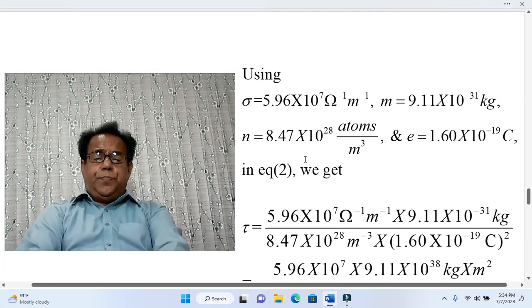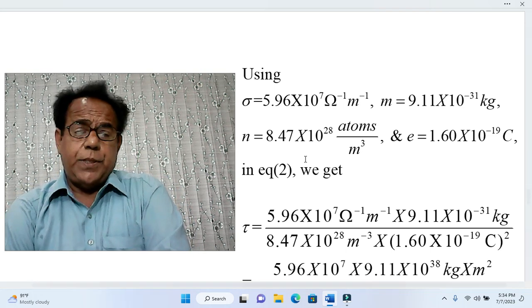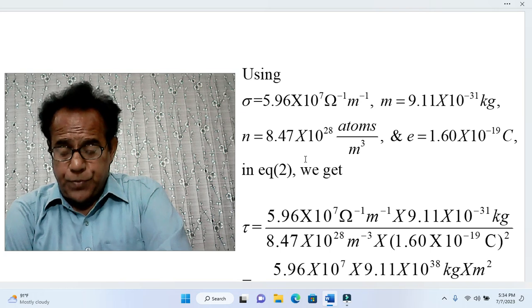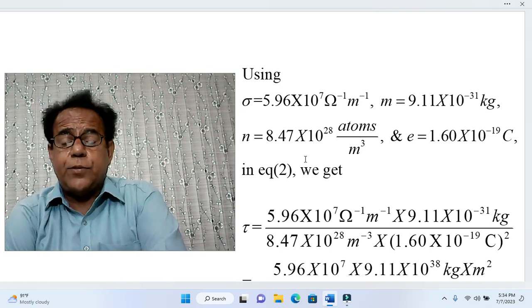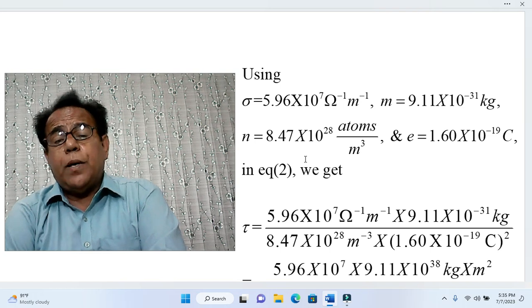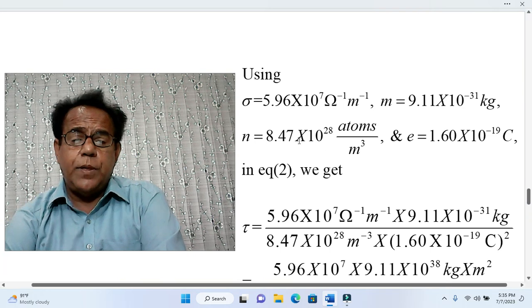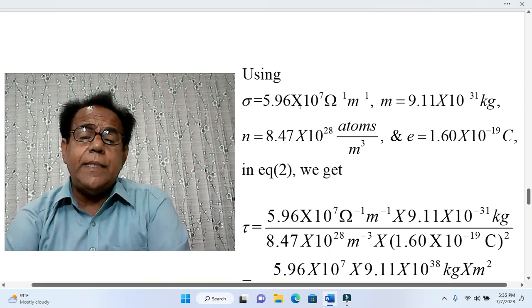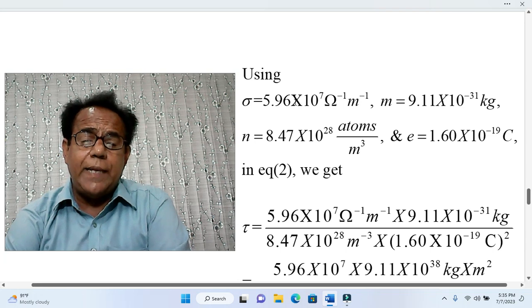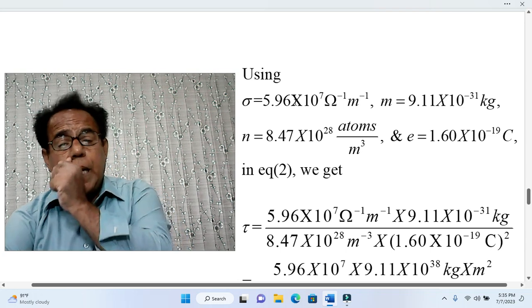Now we use these values in it. Using electrical conductivity rho equal to 5.9 into 10 raised to the power 7 per ohm per meter. Dear students, this value is given in the statement, but even if it is not given, we can choose this value from the table we have shown as a helping tool.